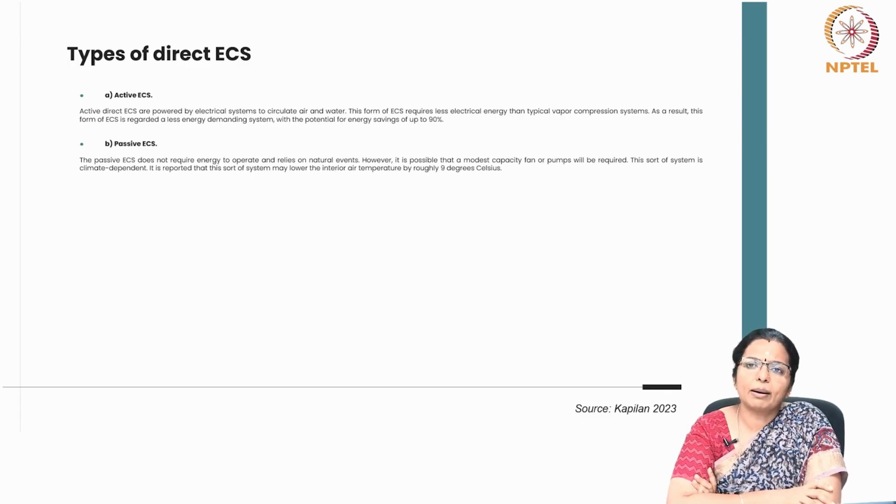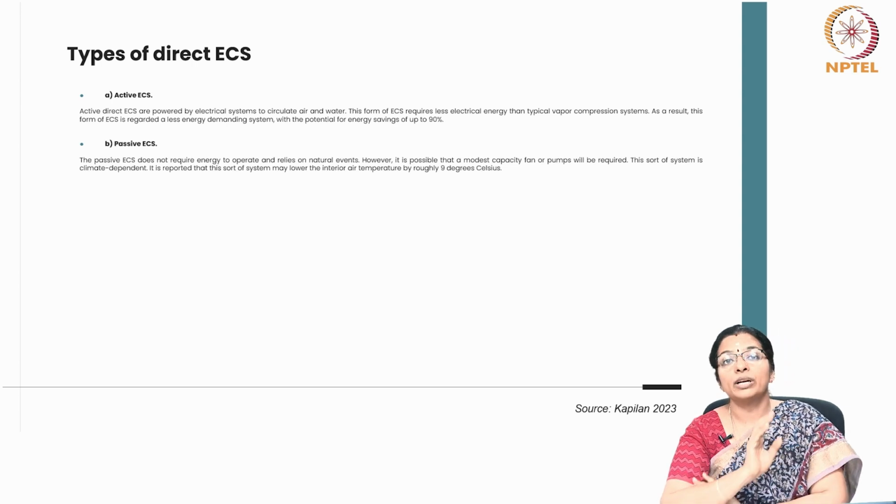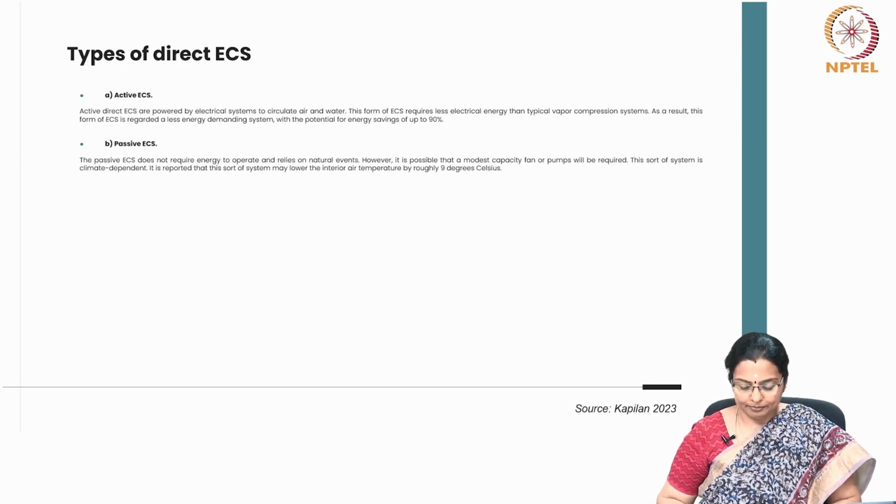The passive evaporative cooling system does not require energy to operate and relies on natural events. However, it is possible that a modest capacity fan or pump will be required. This sort of system is climate dependent. It is said that this sort of system may lower the interior air temperature by even up to 9 degrees centigrade.